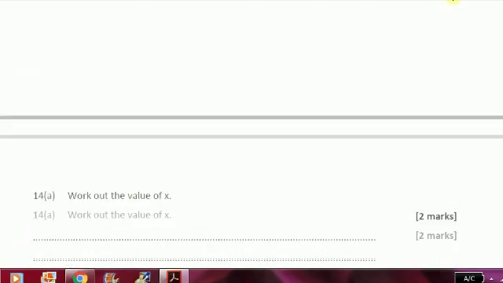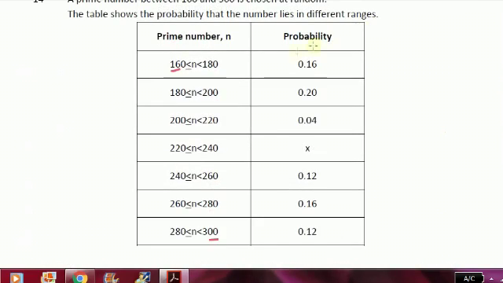So if we look at the table again, we see that all the probabilities are given except for one. Now, it says we're only choosing numbers between 160 and 300, so the sum of all those probabilities is going to be 1.